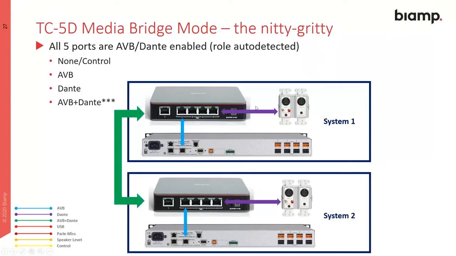For example, in system 1, the first device is AVB traffic connected to port number 2, and we need to connect both of them. The system is smart enough to carry the traffic between the two systems. So you can uplink Dante and AVB all together as one uplink between the TC5D units, which is very nice.